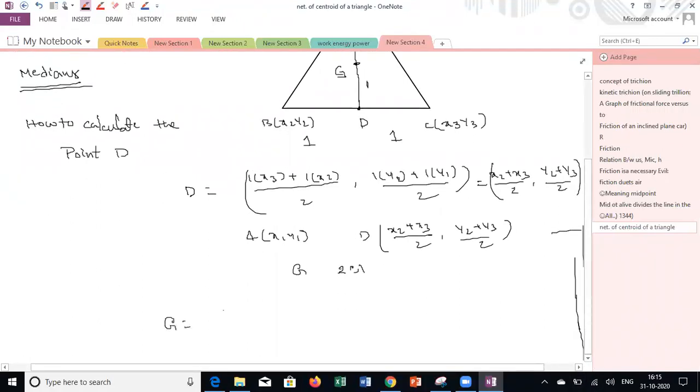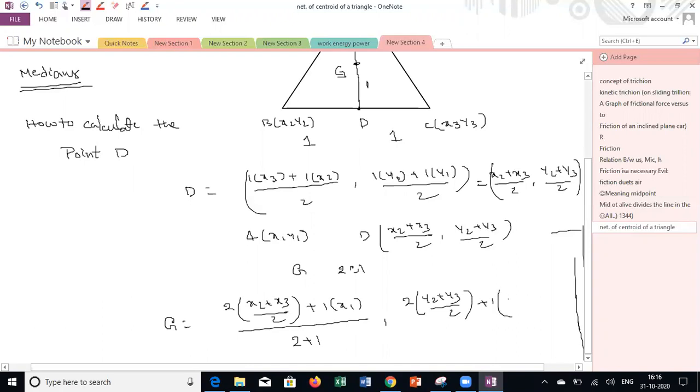Now find the G point. So G will be equal to (2 into (x2 plus x3) by 2 plus 1 into x1) divided by (2 plus 1), (2 into (y2 plus y3) by 2 plus 1 into y1) divided by (2 plus 1). So overall, you will get the centroid formula.